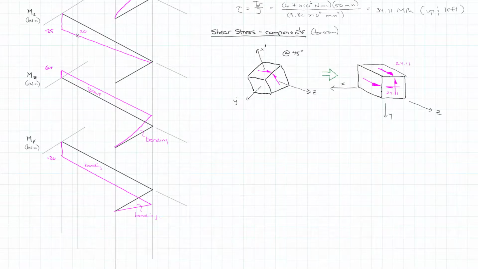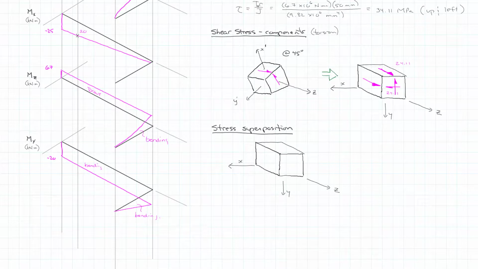So let me draw one more box in, similar to what I just drew. Now I want to do my normal stresses. They're all in the x direction. So the compression of 144.2 balances out the 144.2 tensile stress, so they just cancel each other out.